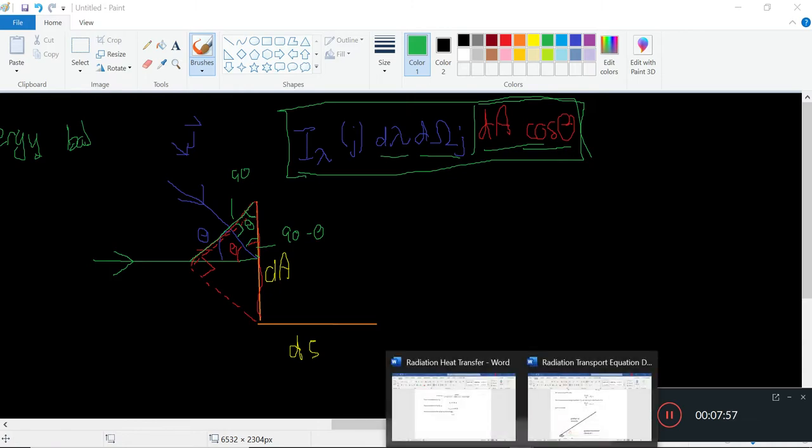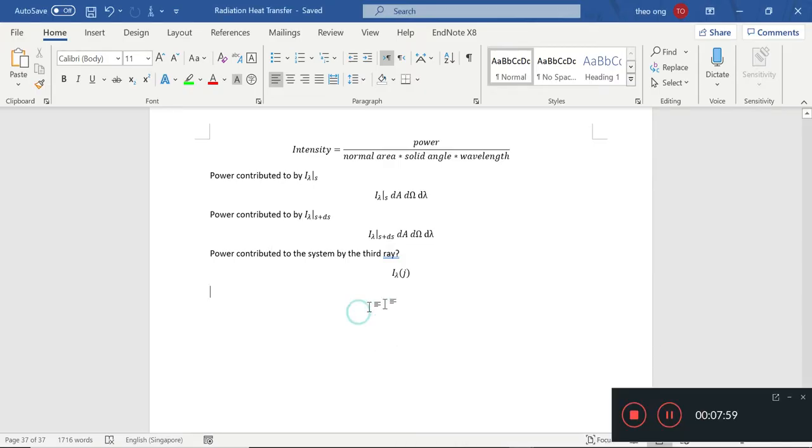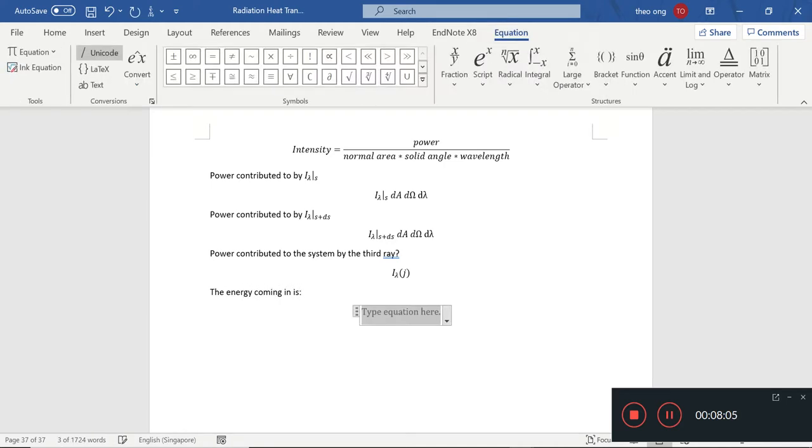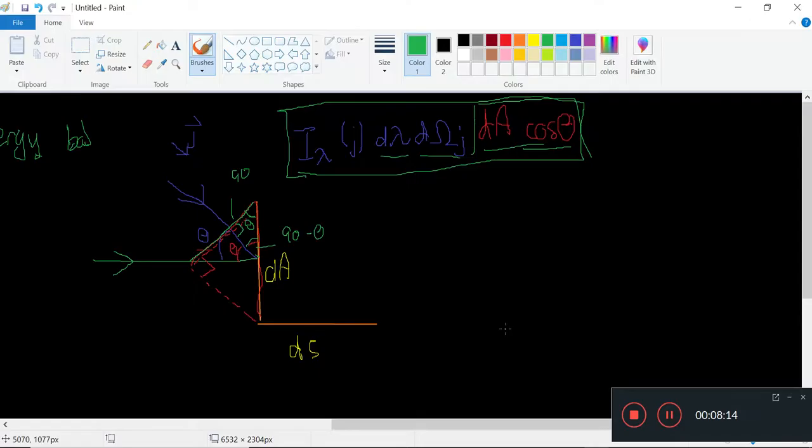Let's put that down first. The energy coming in is I lambda j, if I were to name it that way. Next thing is the d lambda.